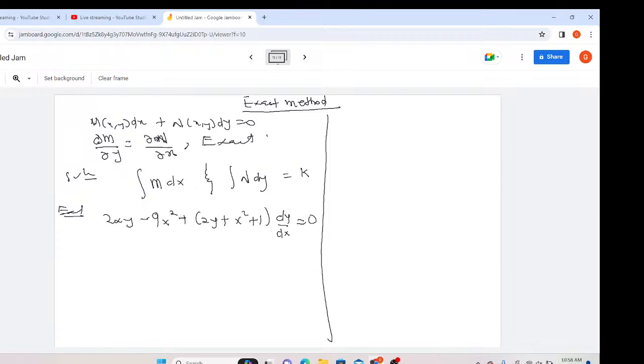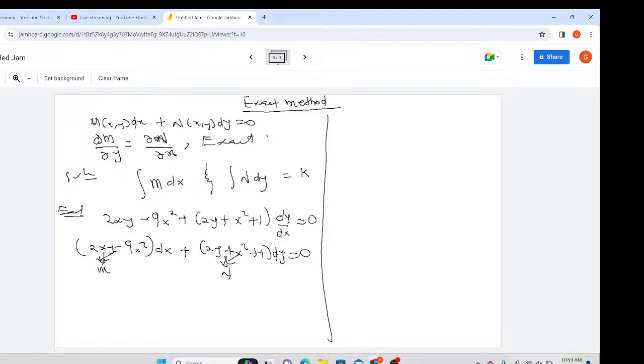So I can just multiply by dx and get 2xy minus 9x squared dx plus 2y plus x squared plus 1 dy is equal to 0. So this is my M and this is my N. Everything here is my M, and everything here is my N.